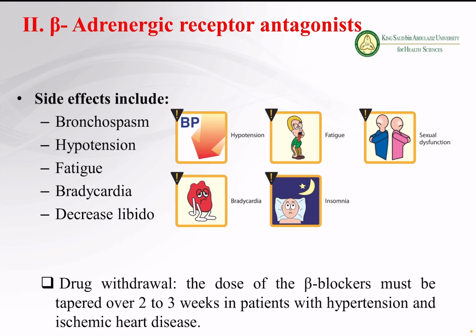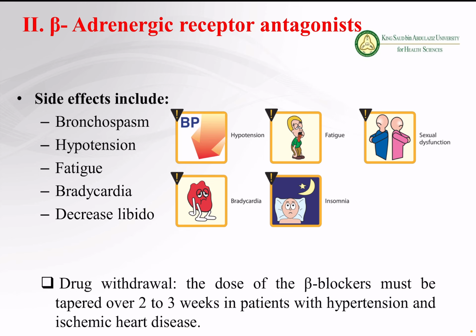Then once the patient has tolerated it, you can see everything is okay, then you can prescribe for a longer period of time. That's why we always start with the lower dose, we don't give the higher dose, and if the blood pressure is controlled, then well and good. If not, then we can increase the dose. So we may have bronchospasm, hypotension, fatigue, bradycardia.